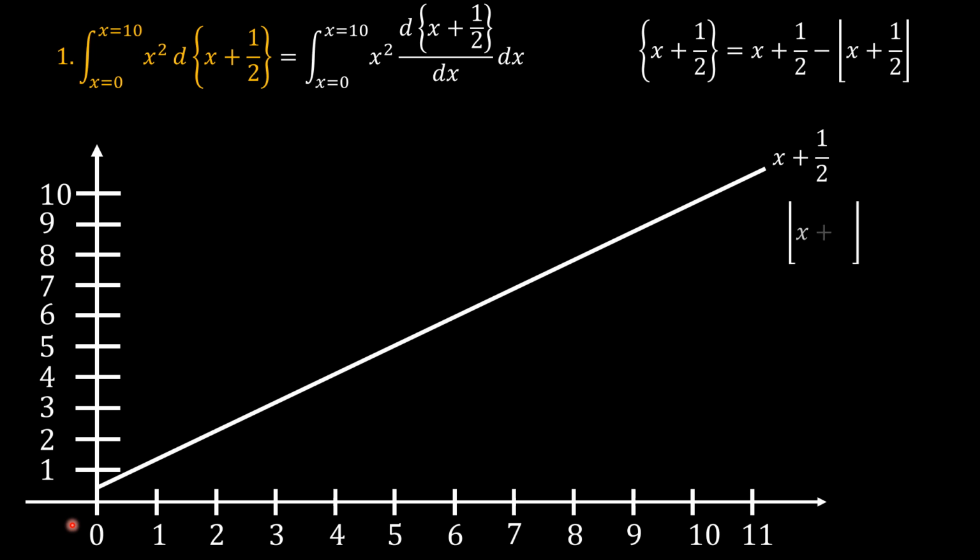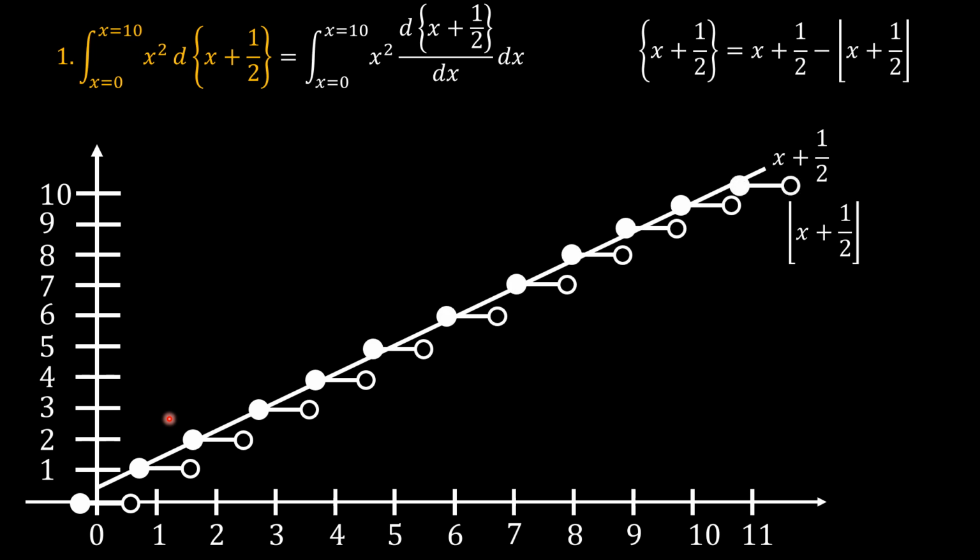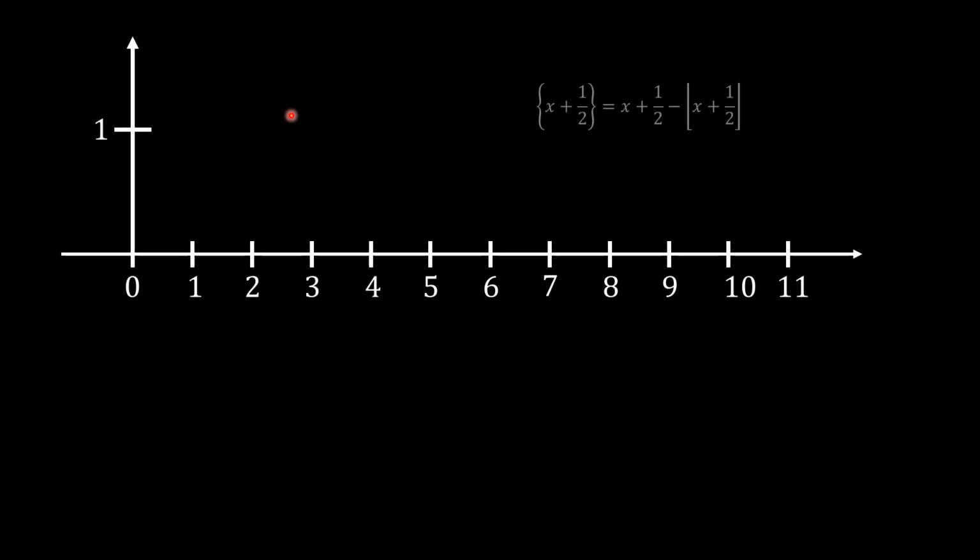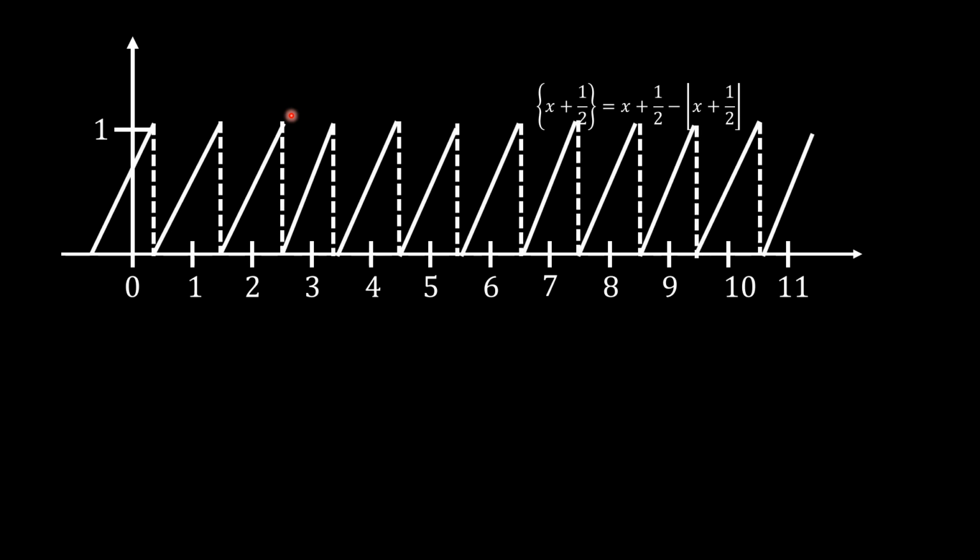And looking at this floor function, you have the integer part from negative a half to positive a half being 0, and then from positive a half to 1.5 it is 1, and so on, such that the difference between x plus a half and the floor function really becomes this sawtooth-like function.